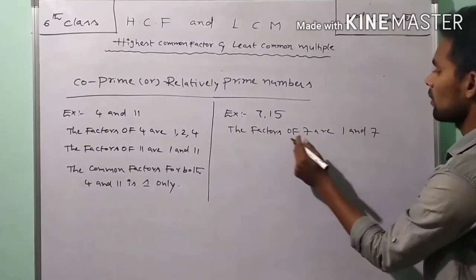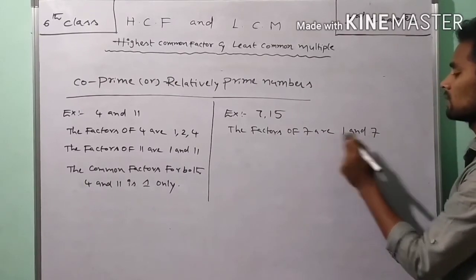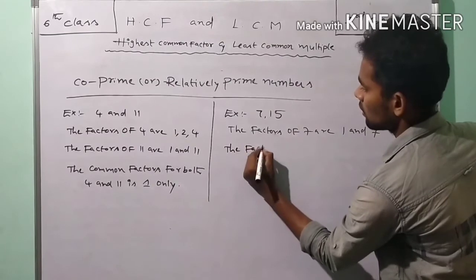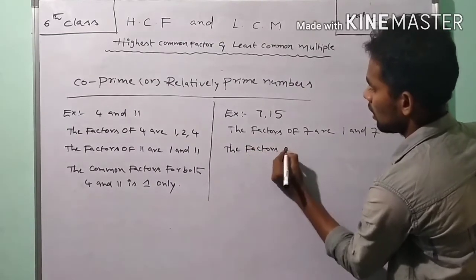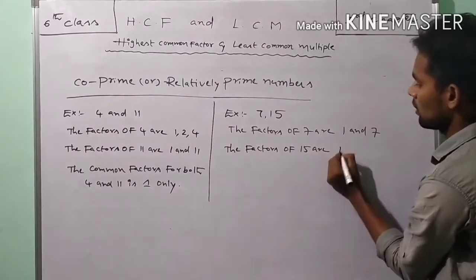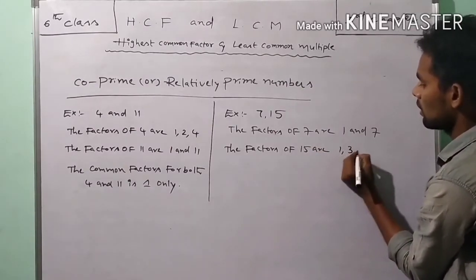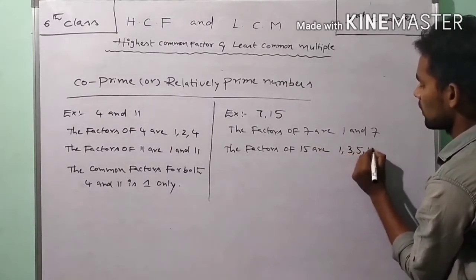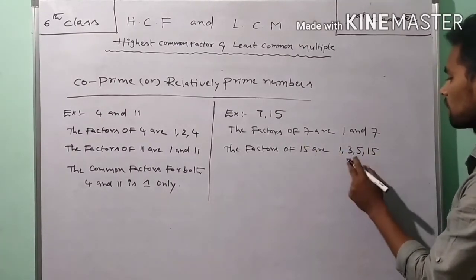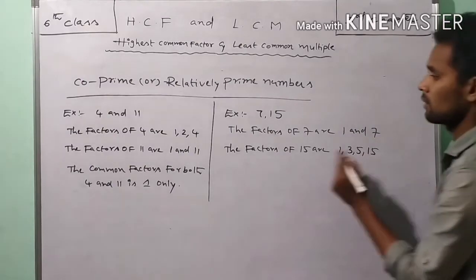Factors of 7: 1 × 7 = 7. The factors of 15 are 1, 3, 5, 15. Factors of 15: 1 × 15 = 15, 3 × 5 = 15.